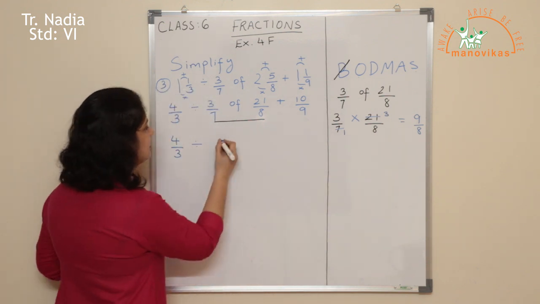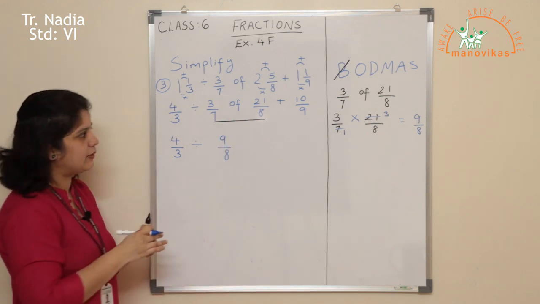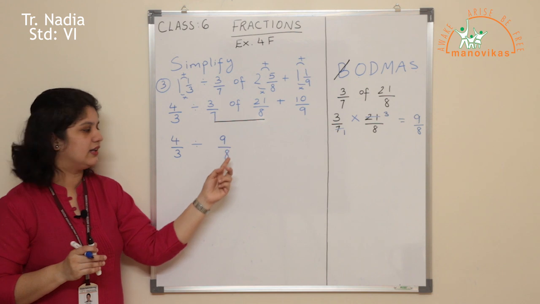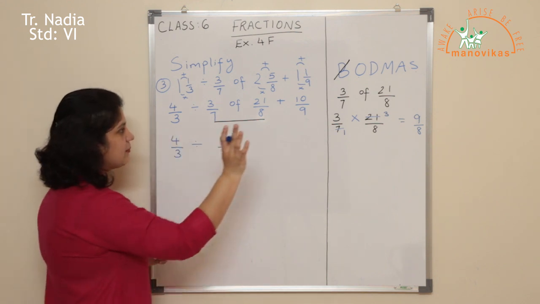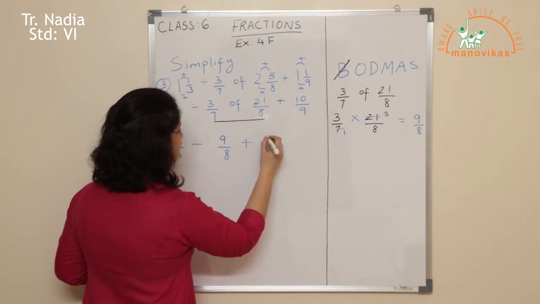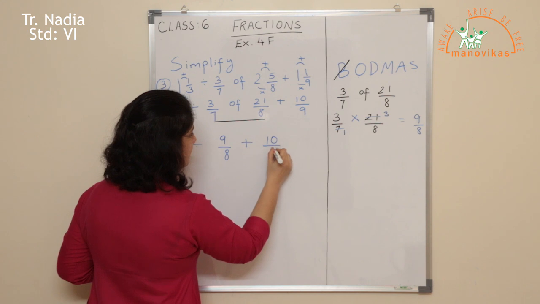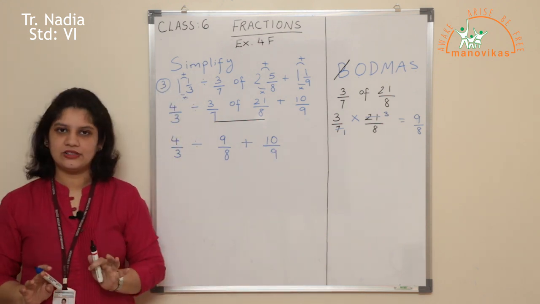So I will write here 9 upon 8. Once more, children, in place of the underlined part, I wrote the answer. Then the rest of the sum is as it is. So the plus sign remains as it is and the last fraction remains as it is, that is 10 upon 9. Okay, I hope it is clear what I have done so far.